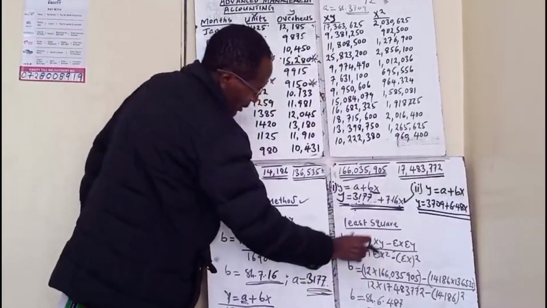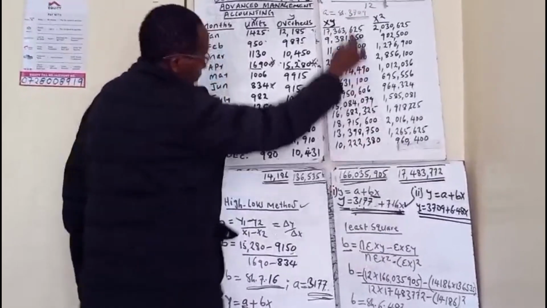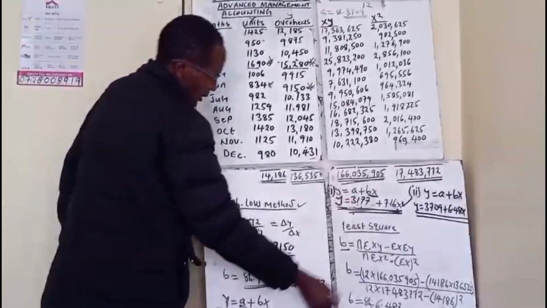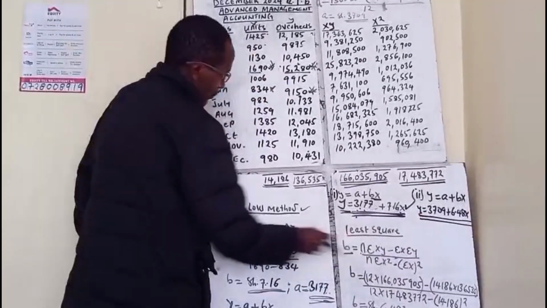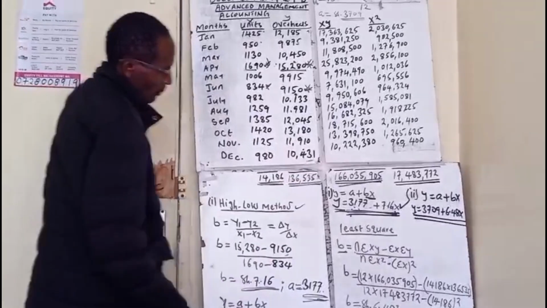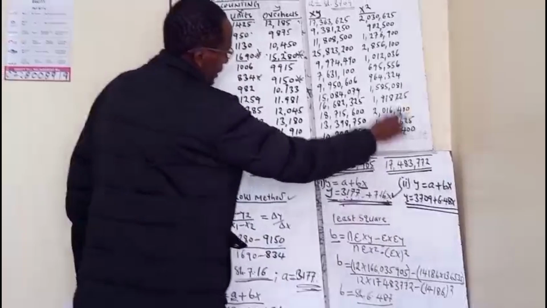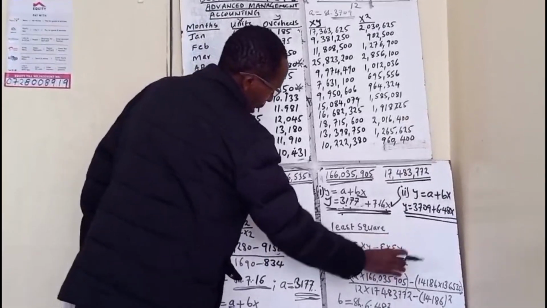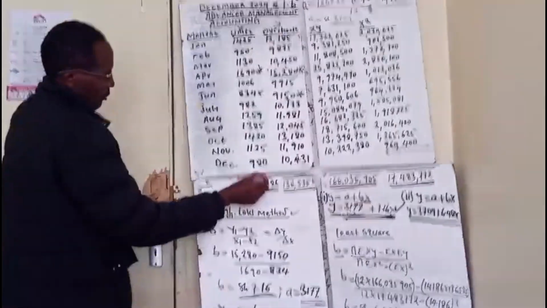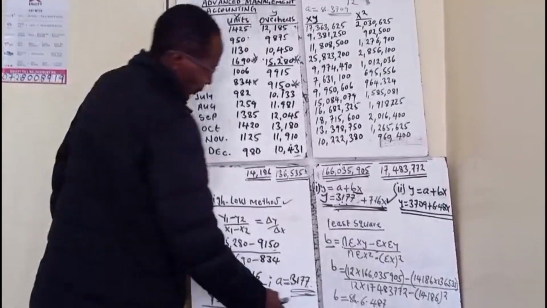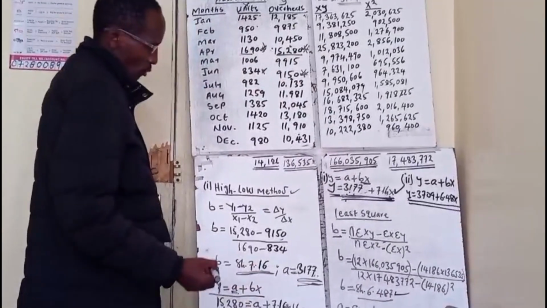So 12 times summation xy, which is 166 here, minus summation x times summation y, over 12 times summation x squared, which is here, minus summation x squared, which means we square 186. When you work out all that, you get your b as 6.48.